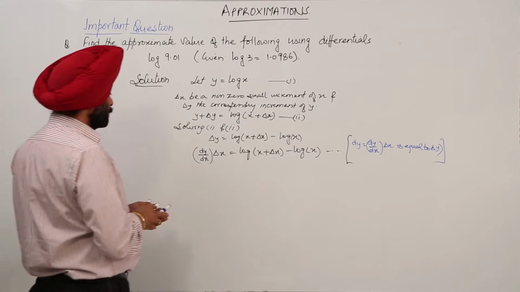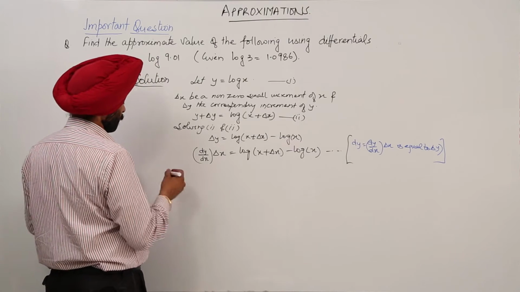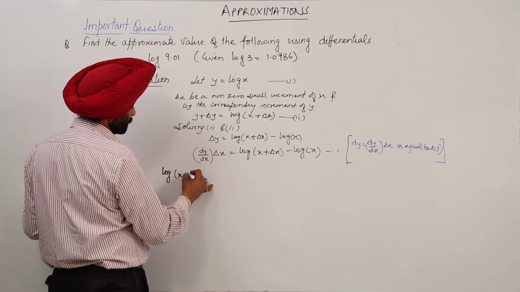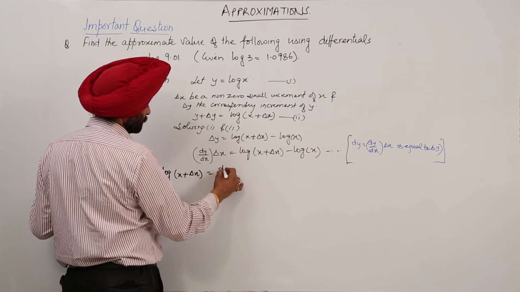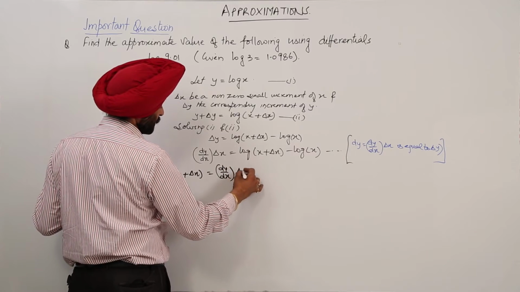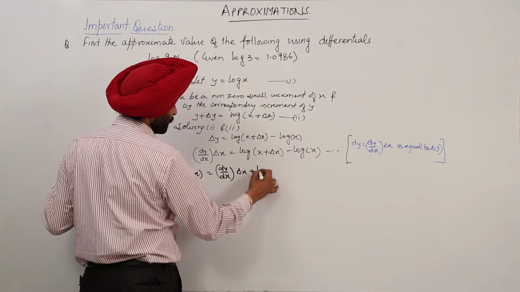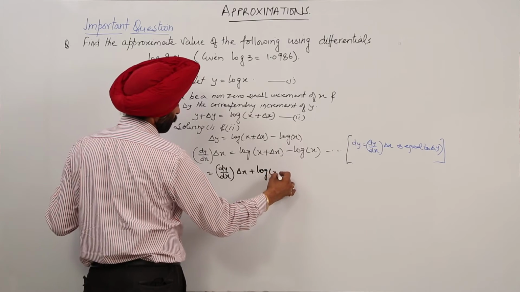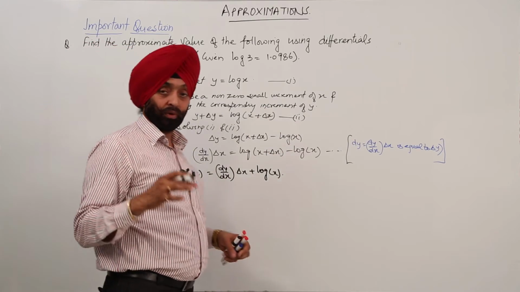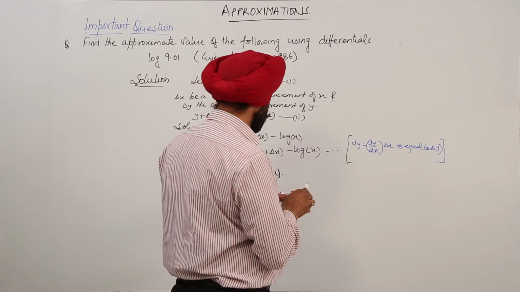Now we are having log x plus delta x is equal to dy by dx with delta x plus log x. Now let's find the value for log x, log delta x and all these things.